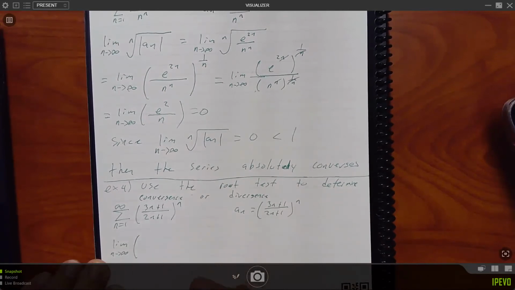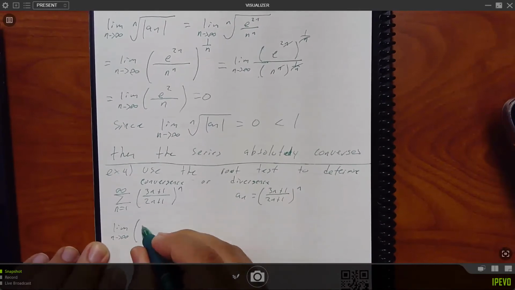So the limit, I'm gonna use the 1 over n just to save us time. There, right?